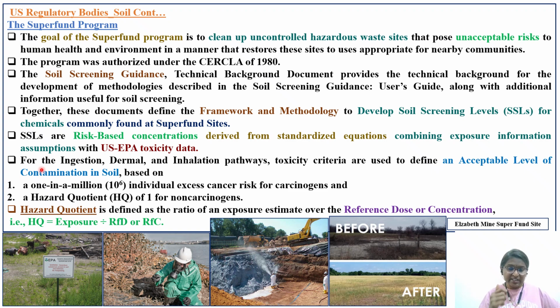Hazard index is a summation of different HQs. For example, HQ for DDT, HQ for dioxin, or HQ for PFAS, like that together, then it becomes hazard index. Okay, we'll discuss hazard index in some other video, and I will try to give you some tables from the risk assessment textbook, the Springer textbook, which is given in ABT, you can read.